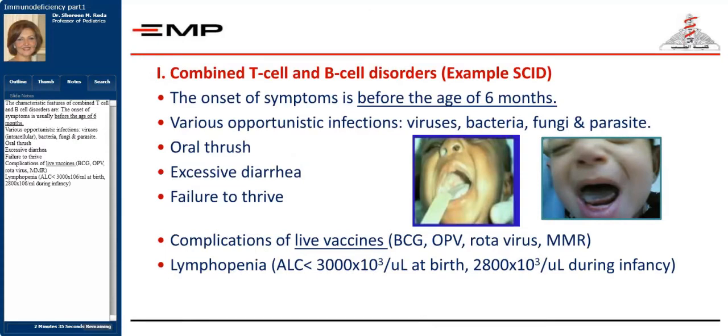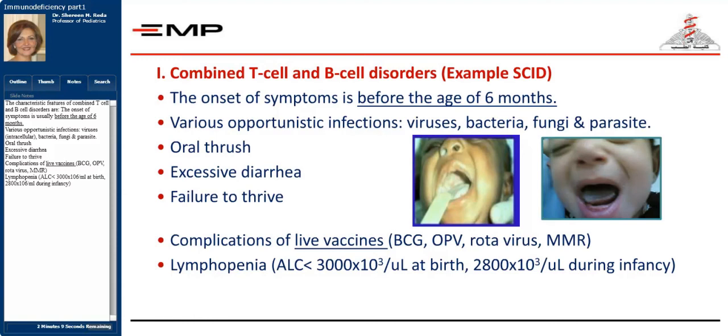The best example here is the severe combined immune deficiency, in which infants, if not diagnosed early, die before achieving their first birthday. The characteristics of this group is the onset of symptoms is before the age of 6 months. The onset is very early in the infant period. There are various opportunistic infections with viruses, bacteria, fungi, and parasites.